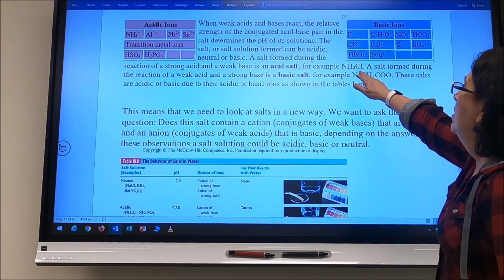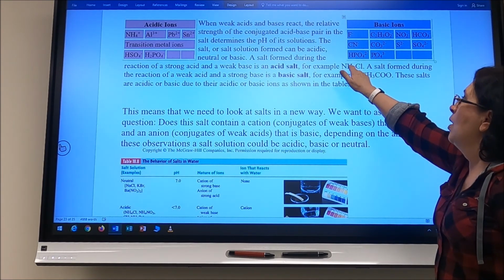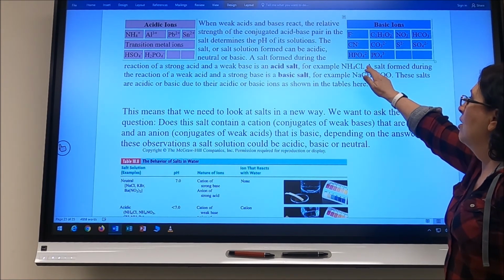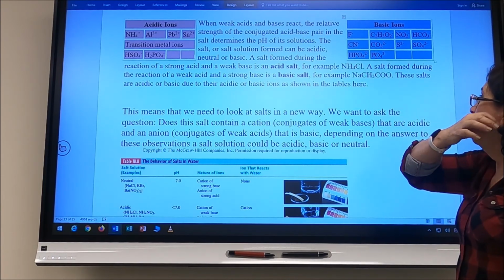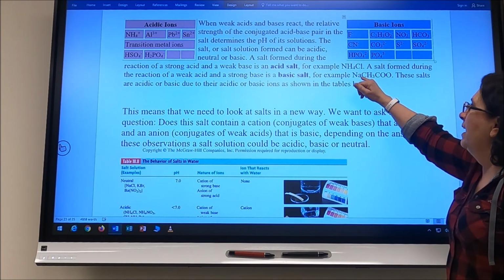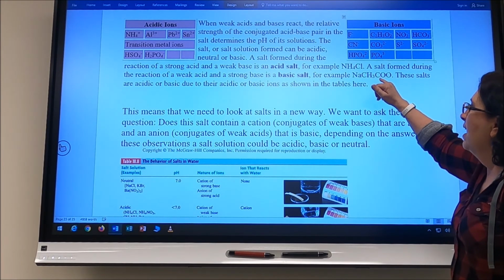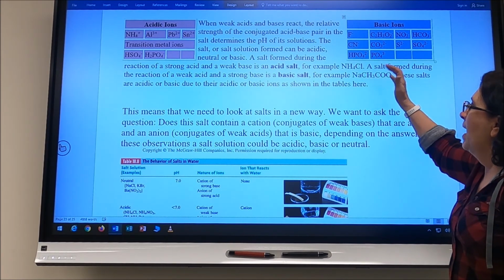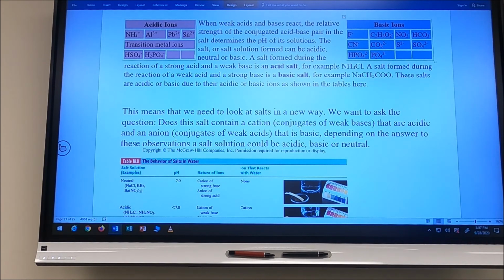For example, ammonium chloride. The ammonium ion is acidic, the chloride ion is neutral, so ammonium chloride would be acidic. Sodium ion is neutral, the acetate ion is basic, so sodium acetate would be a basic solution. Okay?